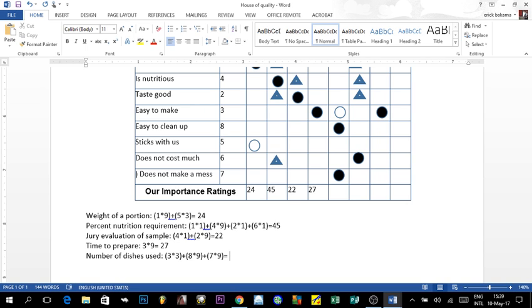So 3 times 3 plus 8 times 9 plus 7 times 9. So we have a rating of 144 here, 144.